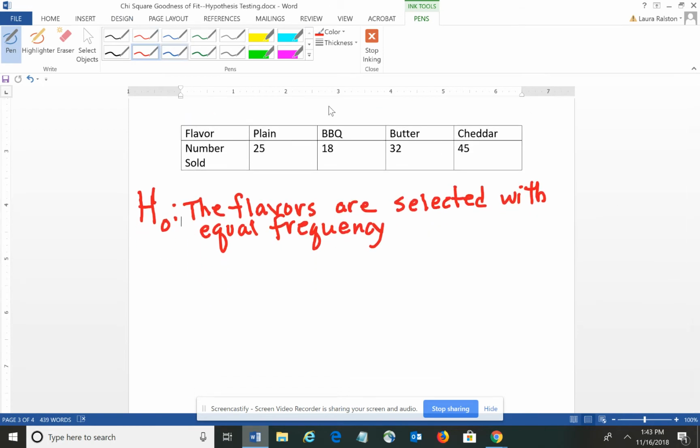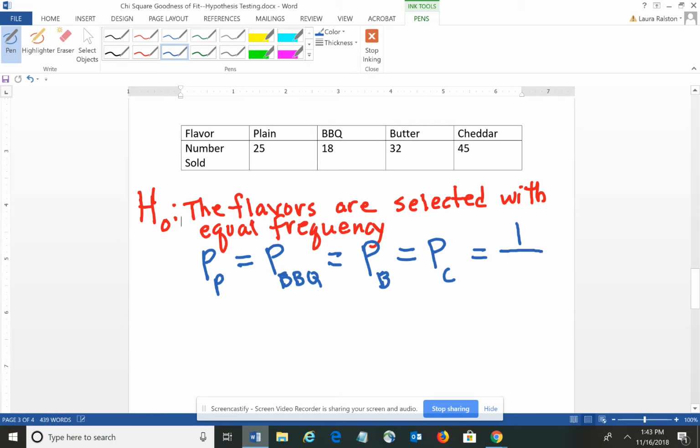Now, I could also write that same statement in symbols, because I could say the proportion that like plain is equal to the proportion that like barbecue, which is equal to the proportion that like butter, which is equal to the proportion that likes cheddar. And that proportion is 1 out of 4 because we have 4 different options.